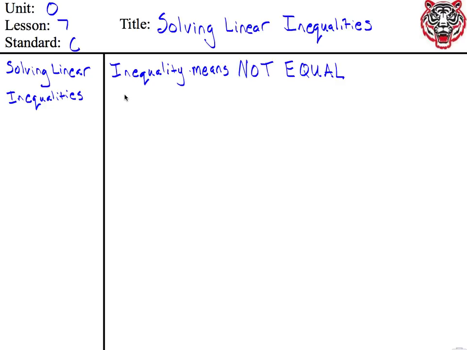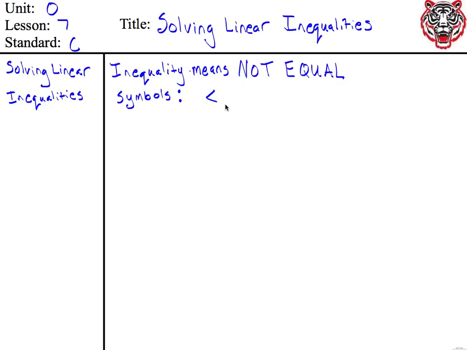Okay, so let's go over the symbols. These are all the symbols for inequality, if you haven't caught on to that. There are 5 of them that you need to know for this class. Here they are. Maybe I should title these too. What is this one called?